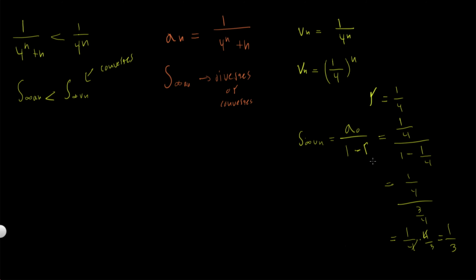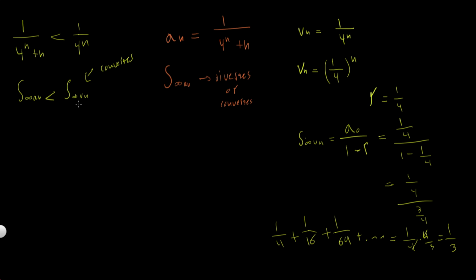And what that means is if we keep adding 1/4 plus 1/16 would be the next term, plus, 4 to the third is 64, so 1 over 64, plus dot dot dot, we end up with 1/3.